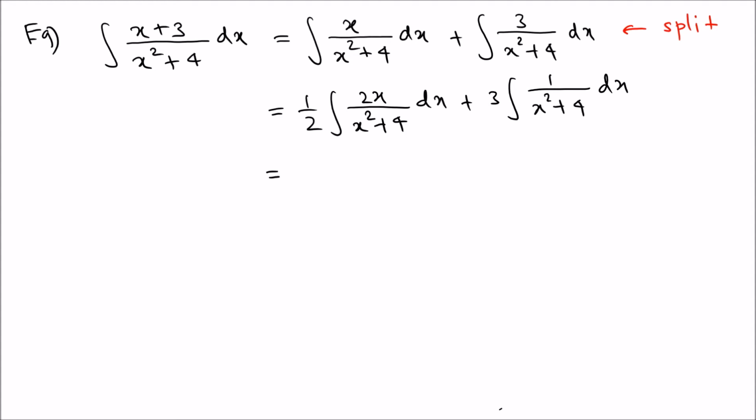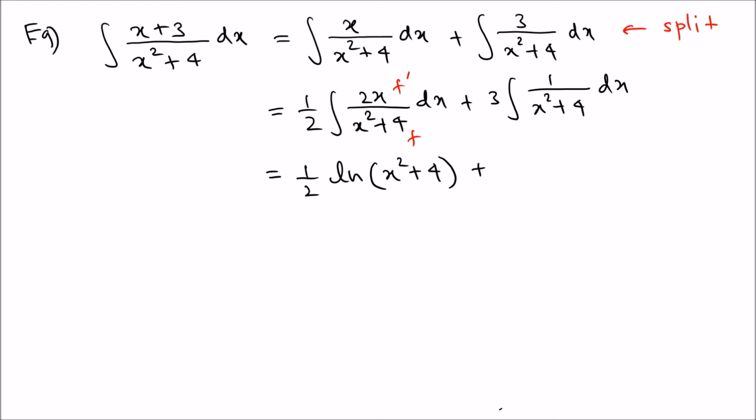The first one is simply from the four formula trick. The top is the derivative of the bottom function. So this is the f function, this is f prime. That means we can write the formula. This is simply going to be 1/2 natural log of x squared plus 4. We don't need the absolute sign here because this is positive. And here, this is just the tan inverse formula.